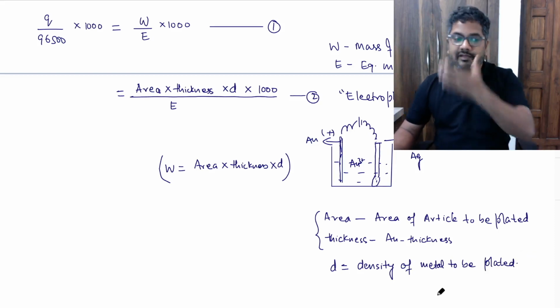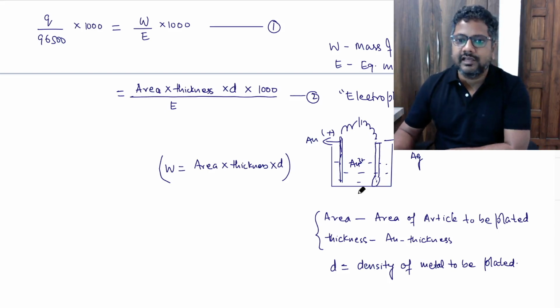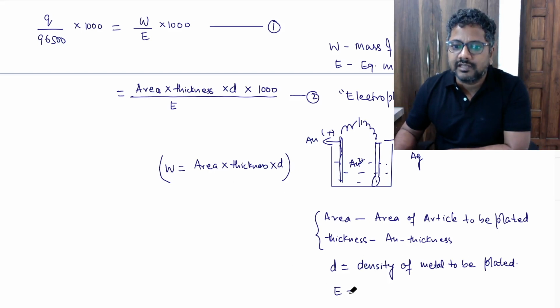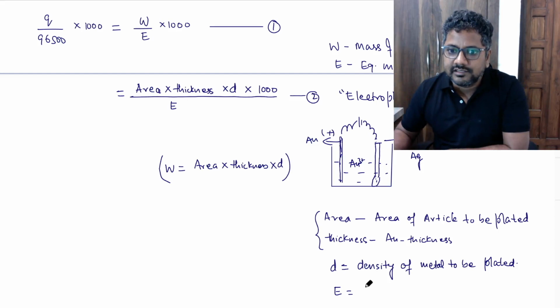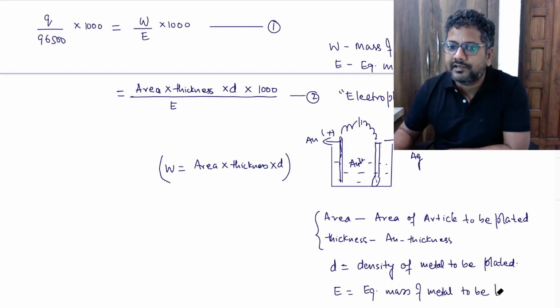Here we have taken gold, so you have to take the density of gold. And what is E here? E is the equivalent mass of that metal to be plated.